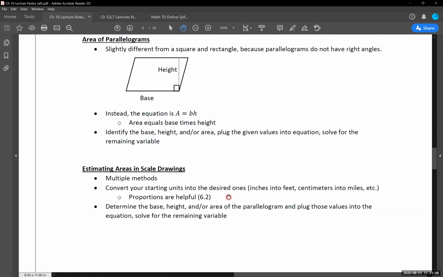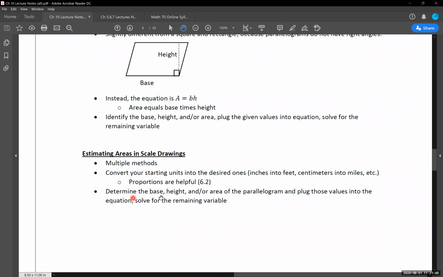And beyond that, again, we're just going to determine the base, height, or area of the parallelogram, plug in the values that we know, and solve for what's left over. So this unit conversion is probably the only really quote-unquote new thing that we are doing. And really, doing that conversion, we're just going to be using the 6.2 material, using proportions to scale up or scale down a lot of this material.